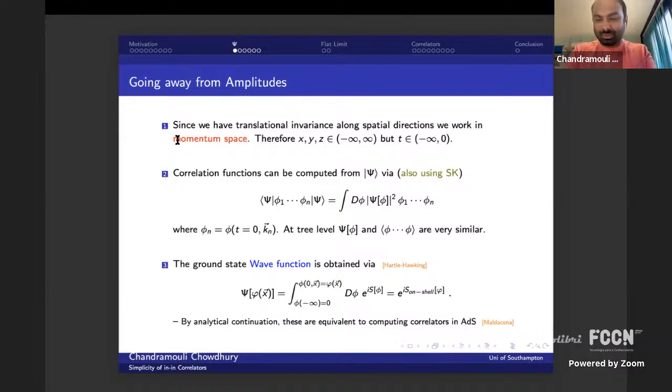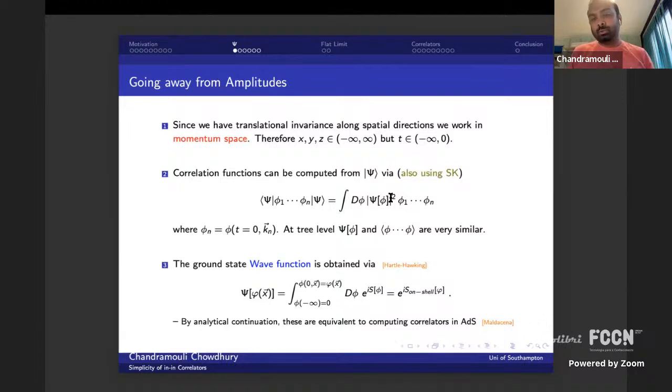I'll be working in 4 dimensions throughout the talk, but for most cases, that's not important at all. Okay. And like I said, we'll be interested in this object. As you can imagine, you can express this in terms of a path integral by inserting a complete set of states, and it has the following expression, where these phi's are just insertions at t equal to 0.